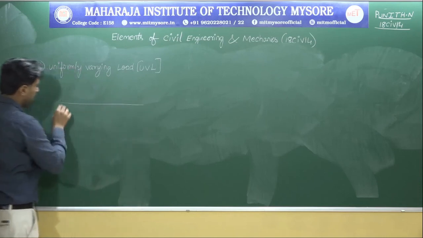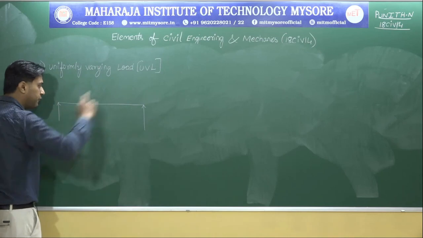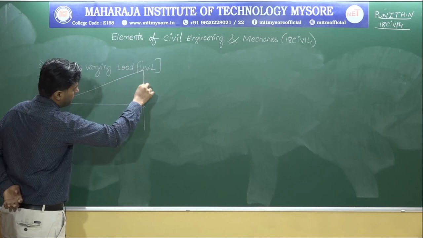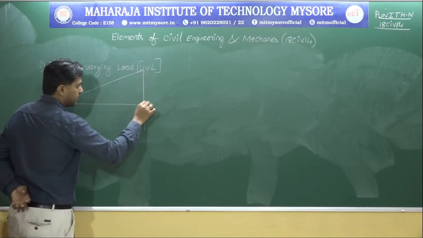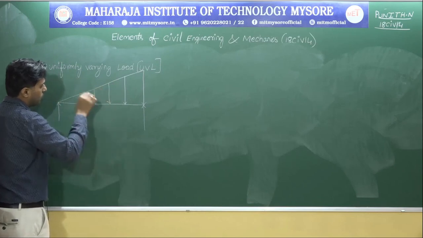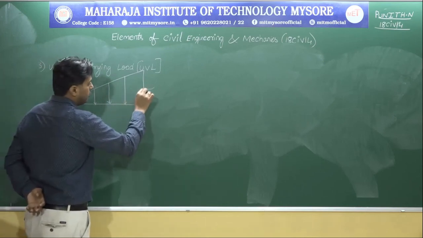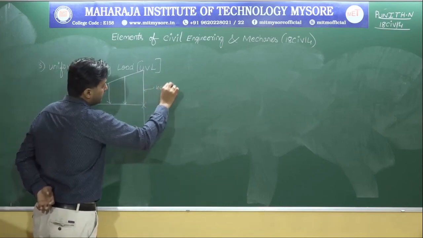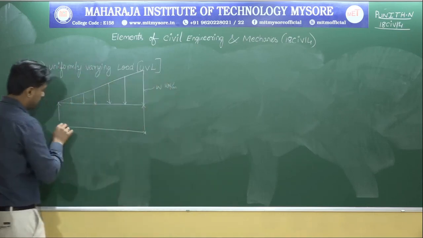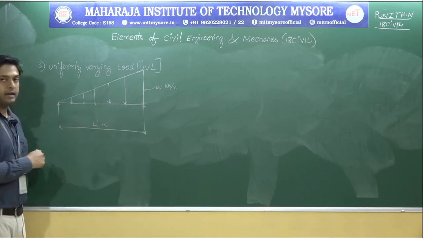Let me consider the same thing, a beam. As the name itself indicates, uniformly varying. Let me think that the load is in this particular pattern. So here the loads are uniformly varying. Let me assume that the load is W kilonewton per meter and the span is L meter.